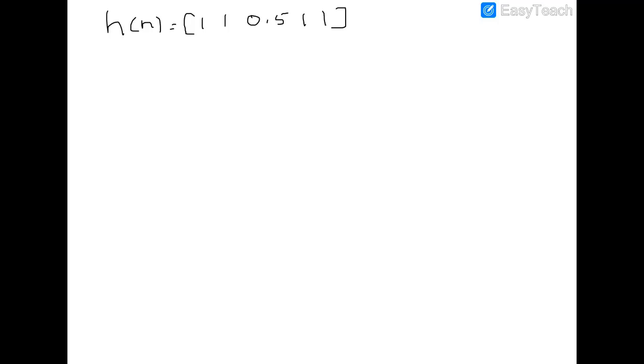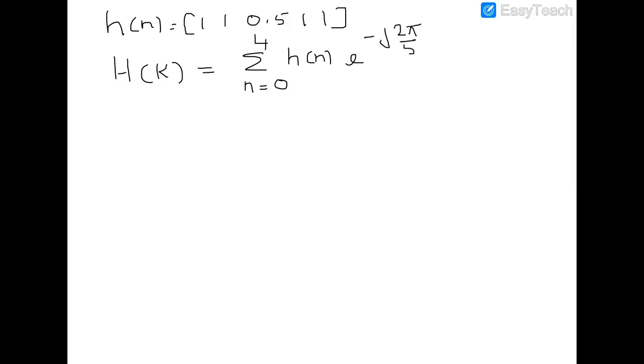So the first thing is we need to find h of k. Let us make use of the DFT equation. H of k is given by the sum, n varying from 0 to 4 because there are 5 samples, of h of n e to the power minus j 2 pi by 5 kn.